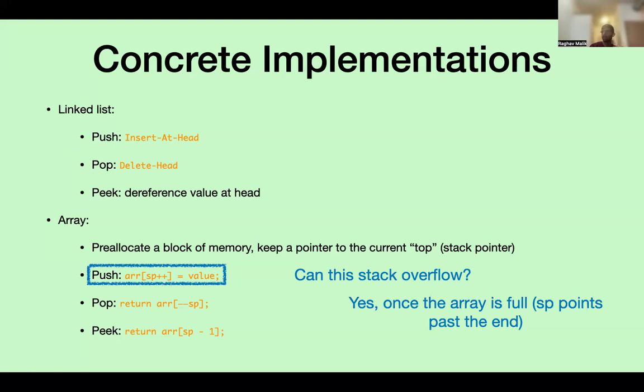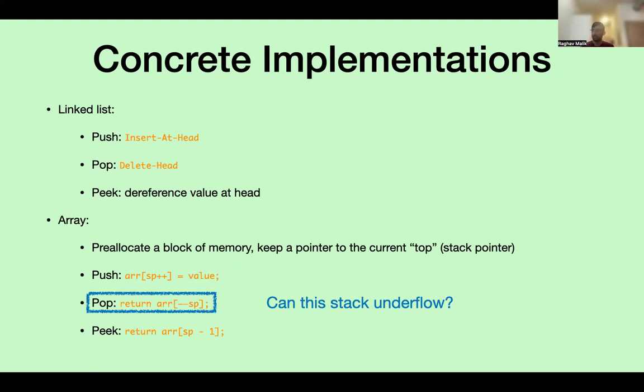Once the array is full, the stack pointer will point past the end, based on the buffer size. So if I've pre-allocated a block of 10 elements, even if I've got a whole bunch of extra memory available, then as soon as I try to push the 11th element, it's going to overflow. It's going to try to write to something that I haven't allocated, and it's going to give me some kind of undefined behavior. So yes, array-based stacks can overflow a lot more easily.